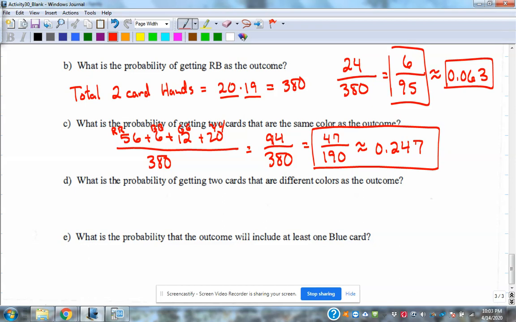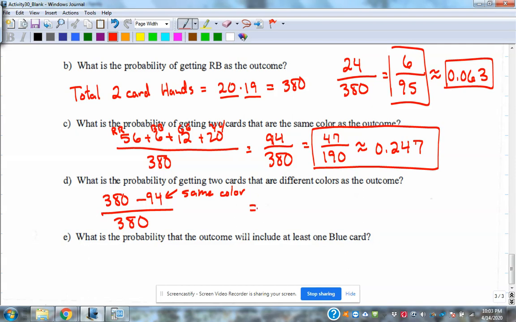All right. D, what is the probability of getting 2 cards that are different colors as an outcome? Okay. So we know the probability of getting cards that are the same color. That means everything else is cards of different colors. So if we just take 380 minus 94, this is same colors, then that will get us how many hands have different colors in them.